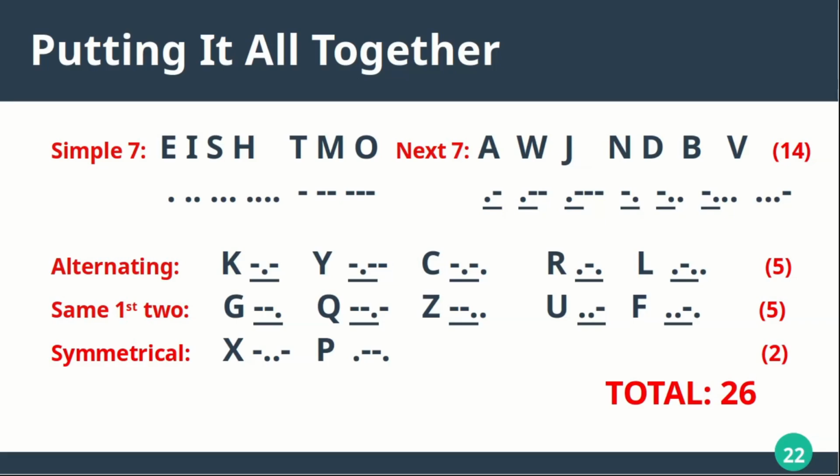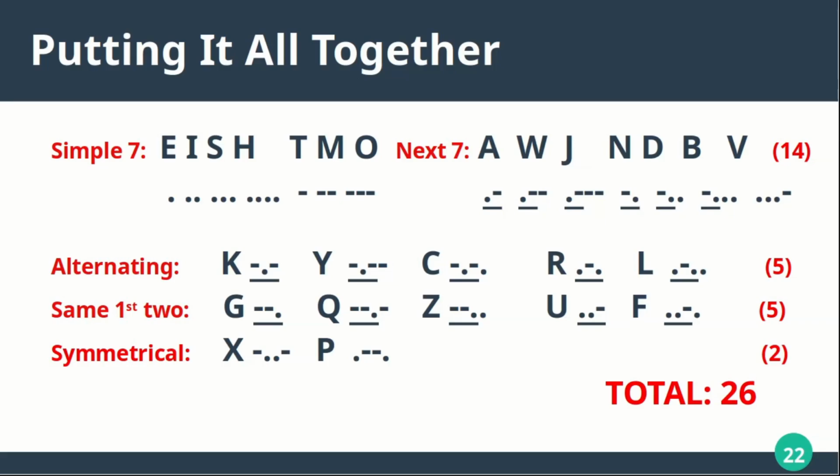They should have been up there with the TMO group. It would have been analogous to H, so it doesn't exist. And then one more that doesn't exist is dash dash dash dot. It would have been a mirror of a V, or analogous to a V. Doesn't exist. Okay, so there you have it.